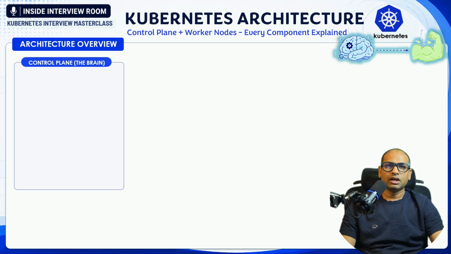The brain decides what should happen. The muscle actually runs your containers. In a real production cluster, the control plane runs on its own dedicated nodes, kept separate from your application workload, so a busy app can never starve the brain.